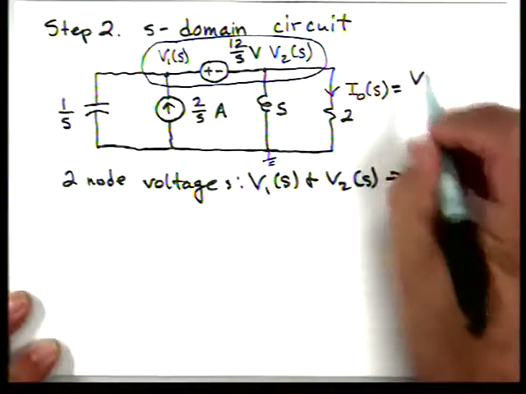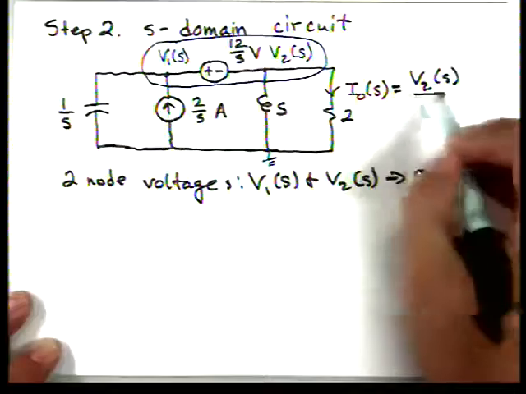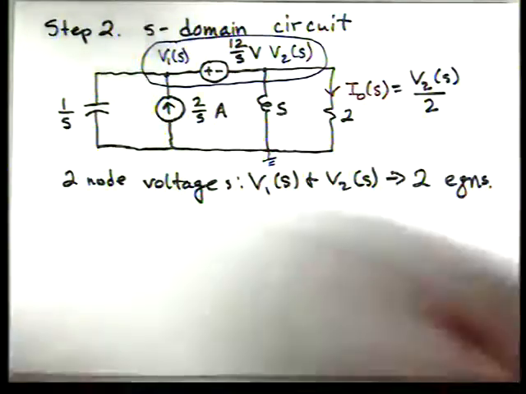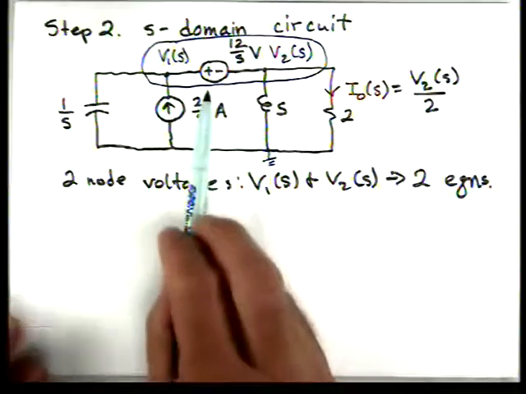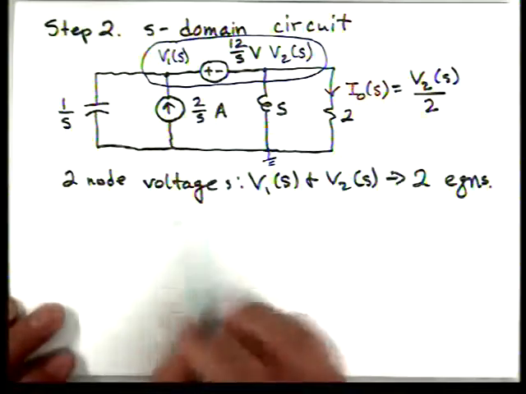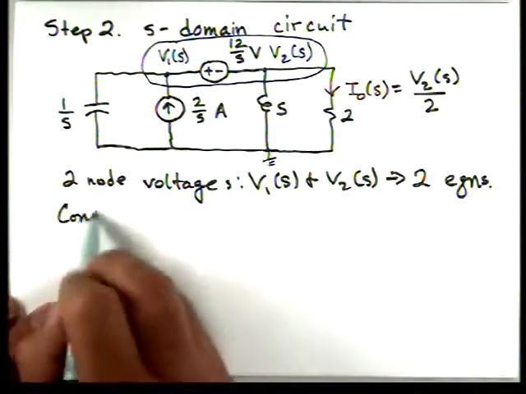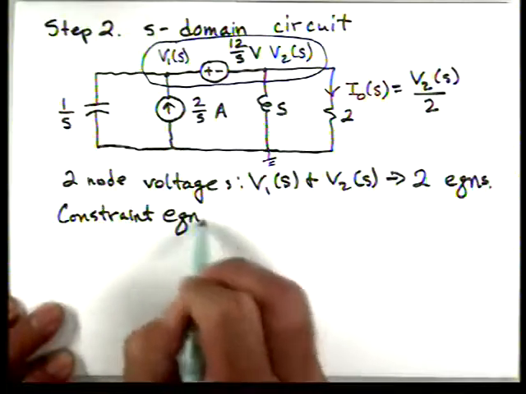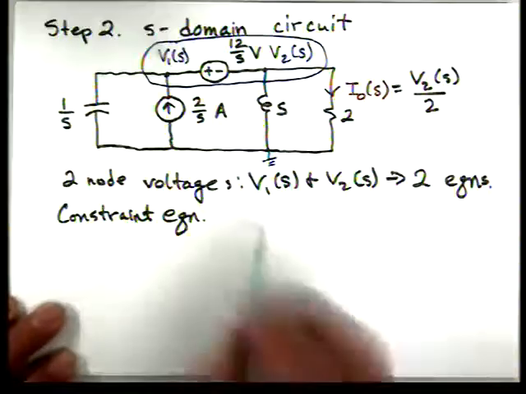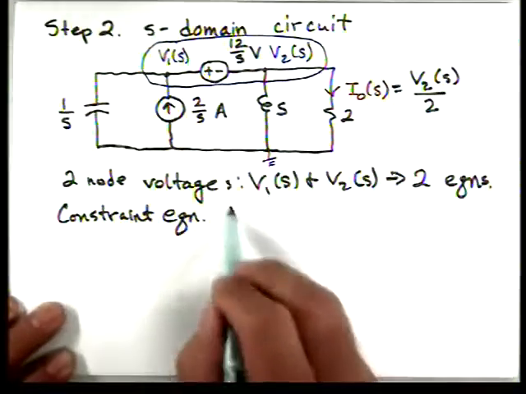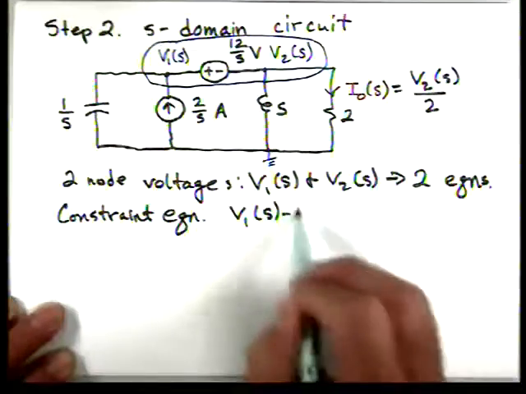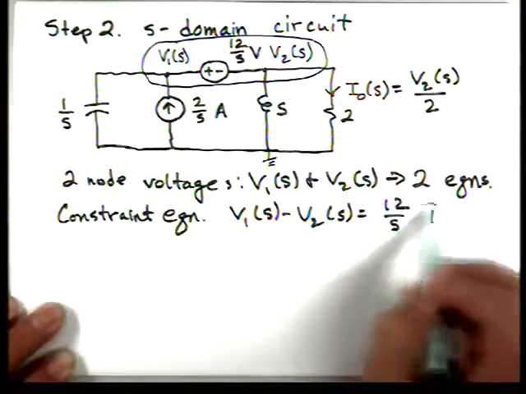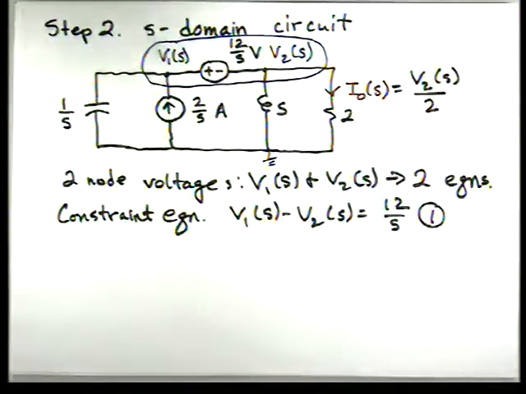I0 of S is V2 of S over 2. Okay, so now, with nodal analysis, we know we have a voltage source, so we're going to have a constraint equation. Our constraint equation for the supernode is V1 of S minus V2 of S is equal to 12 over S. So that's one of our 2 equations.